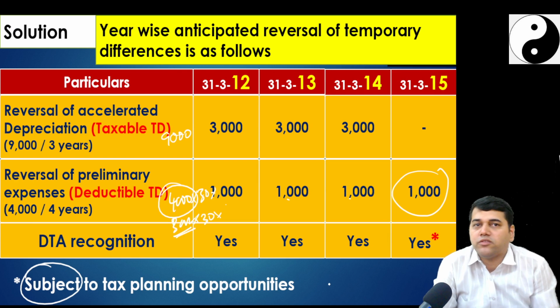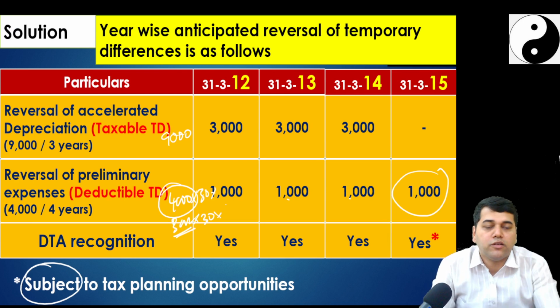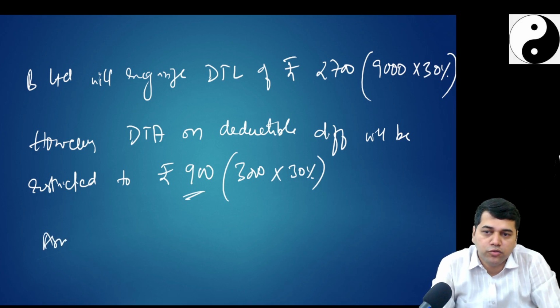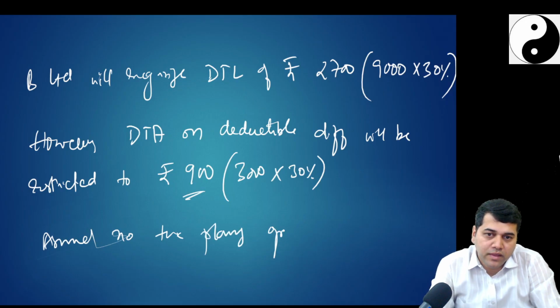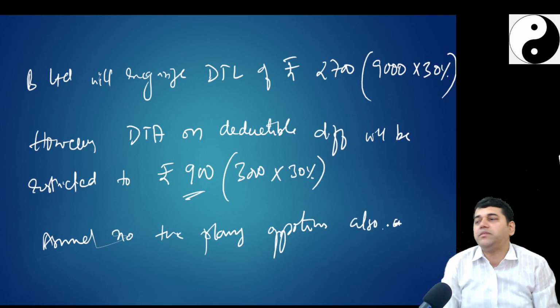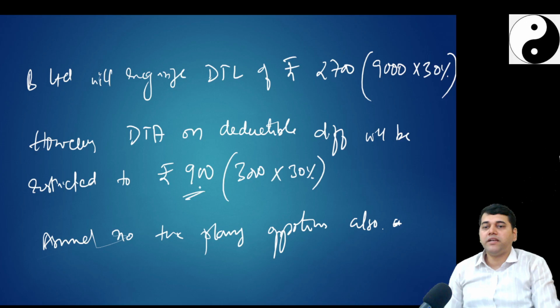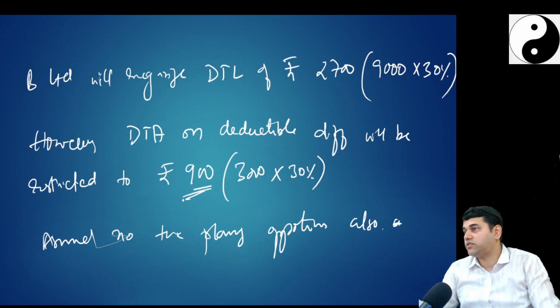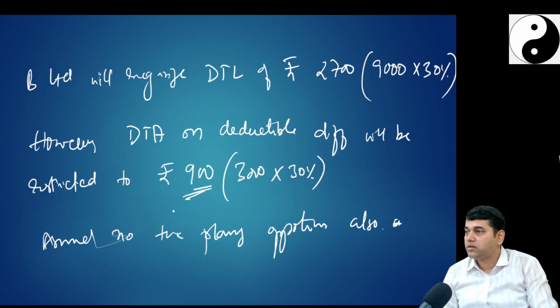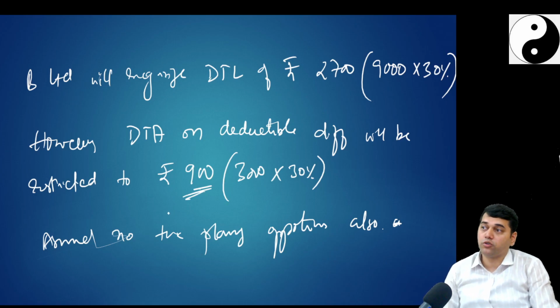The question is very silent, so we will assume that in the given question, if you want, you can write, assume no tax planning opportunity also. That means if I assume that there is no tax planning opportunity also, then my deferred tax asset will be 900 rupees on 3,000. No, first of all, how much did they tell in the question, how much is the deductible? 4,000. Will you do 4,000 into 30%?